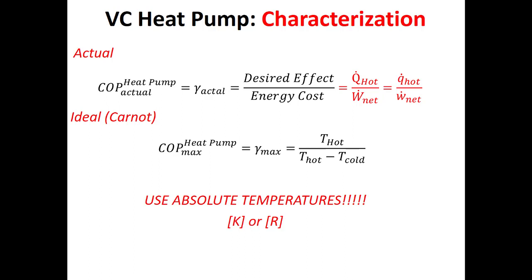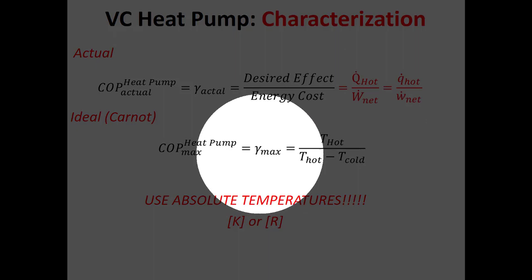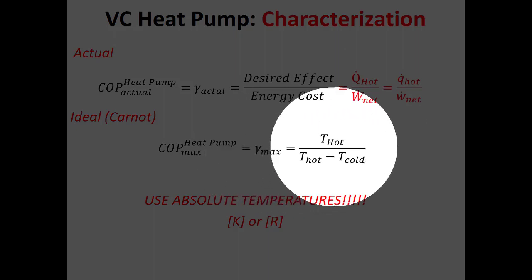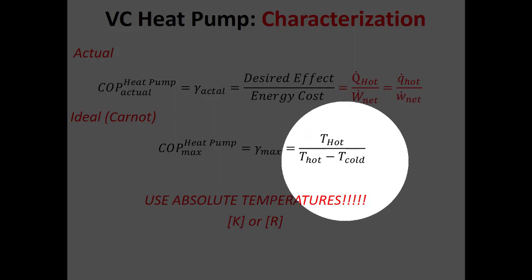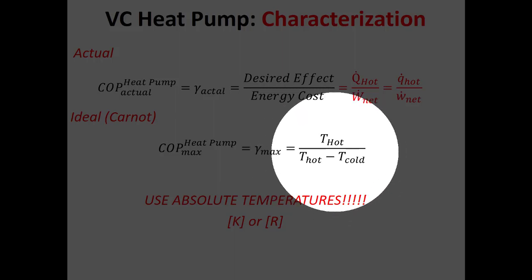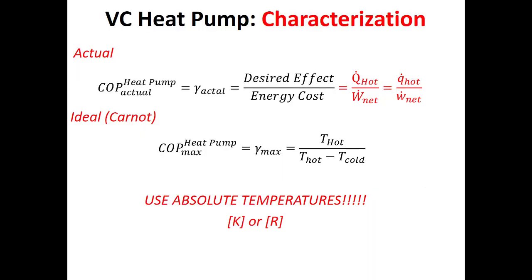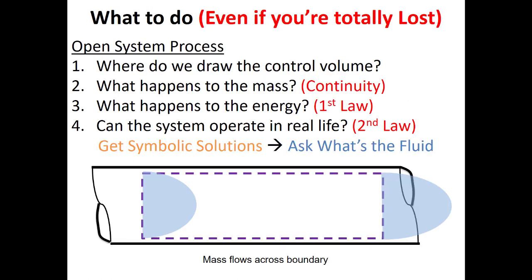If I was looking for the Carnot or maximum coefficient of performance here, typically for heat pumps, we'll use the Greek letter gamma. Here we have T hot divided by T hot minus T cold. Remember, because there's no delta T in the numerator, it's important to use absolute temperatures here, at least in the numerator. My advice is always, if we're doing Carnot efficiency or Carnot coefficient of performance, use absolute temperatures, because you'll never get the answer wrong if you use absolute temperatures.